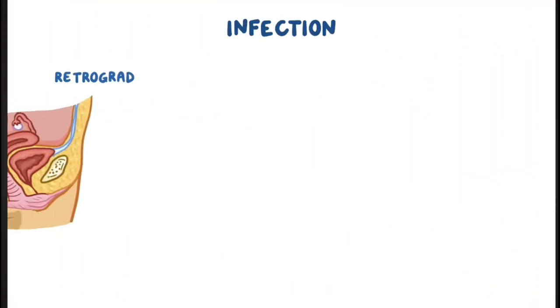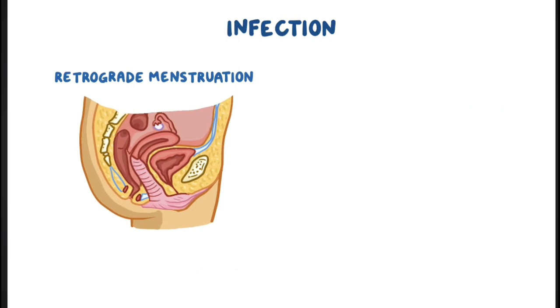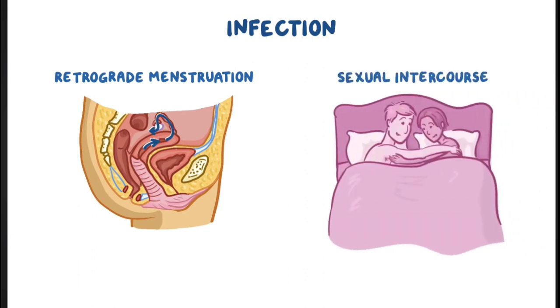Other factors contributing to an infection may be retrograde menstruation, which is when menstrual blood flows back through the fallopian tubes and into the pelvic cavity instead of out of the body, and also sexual intercourse.